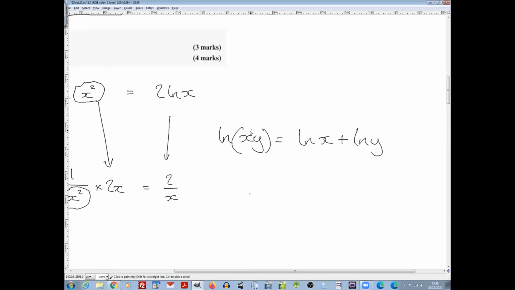The power you have to raise e to get xy is, so if you think of that as e times something, so x and y are e to something else times e to something else.